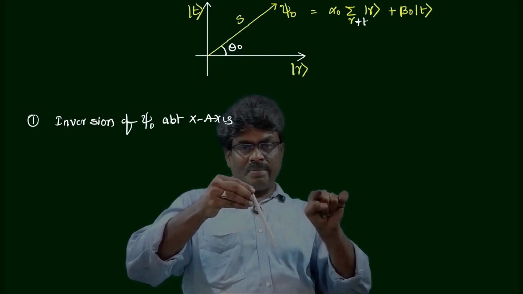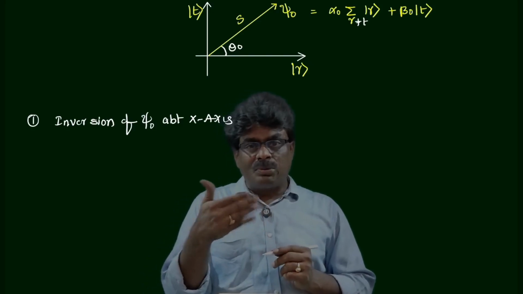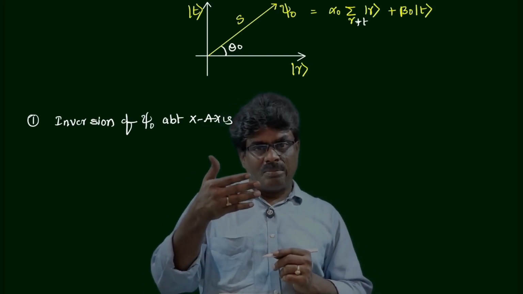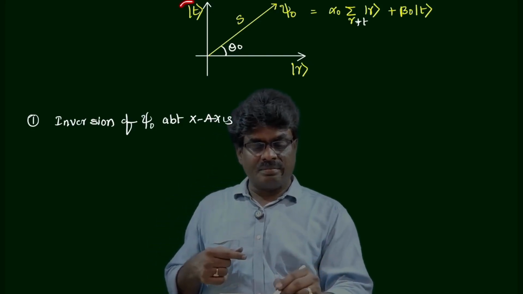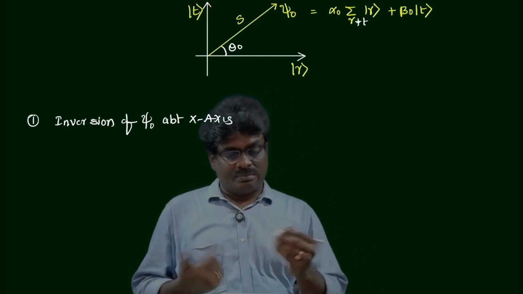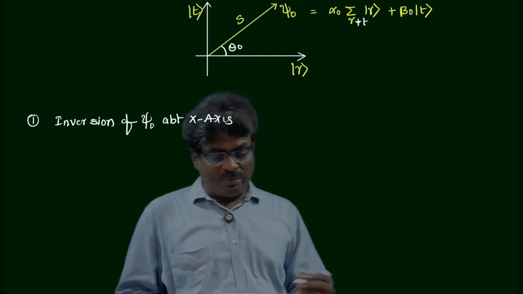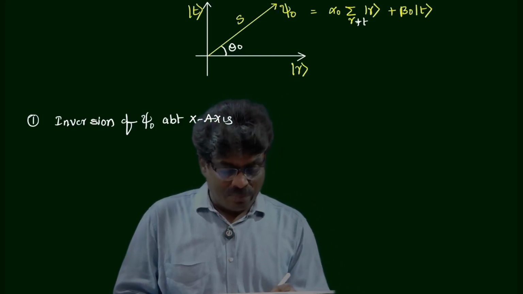The x coordinate will be as it is, but the y coordinate becomes negative. The y axis is where we have taken t, so the amplitude of that target state will become negative.